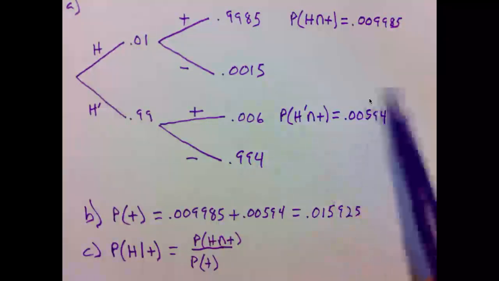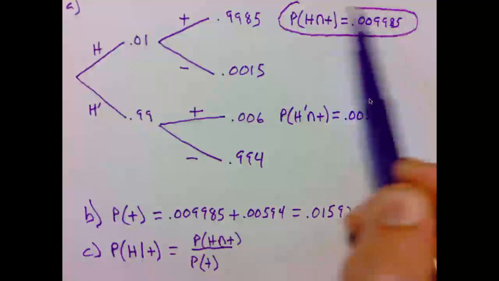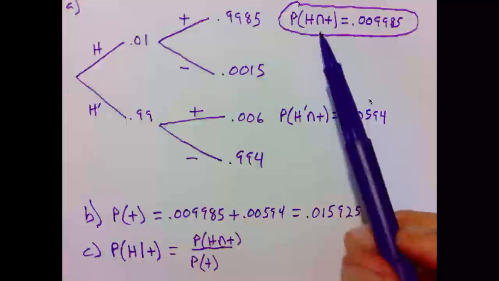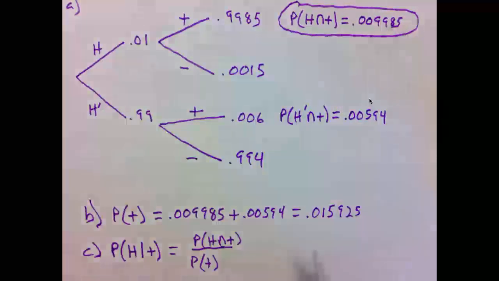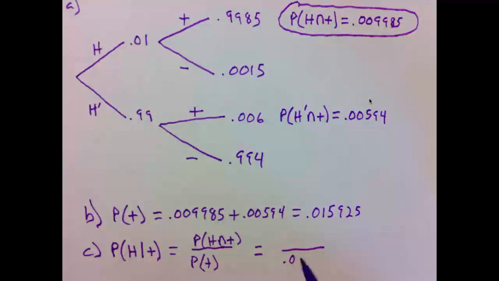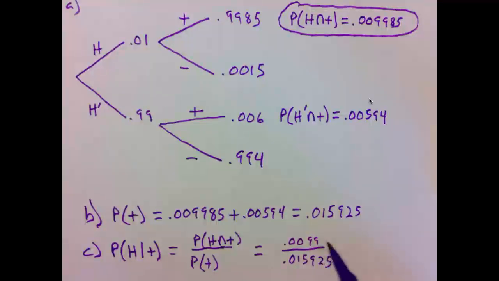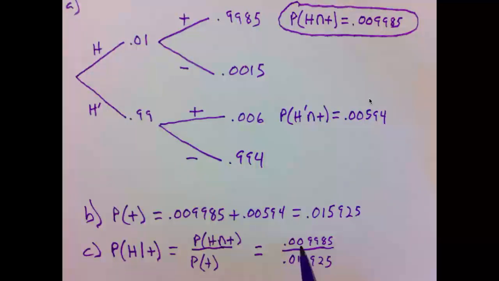Okay, well, that was our result here. These are the people that actually have HIV and they've tested positive. So this is just a simple division. The probability of a positive is our previous 0.015925. The probability of HIV and positive is 0.009985, which we see is remarkably close to the 1% of the population that is HIV positive.